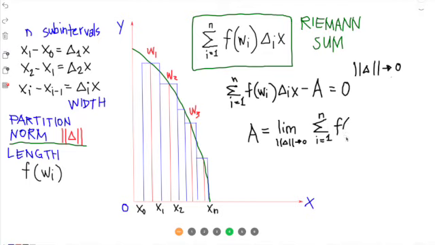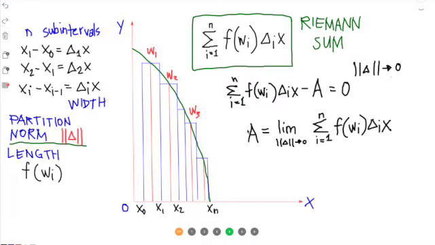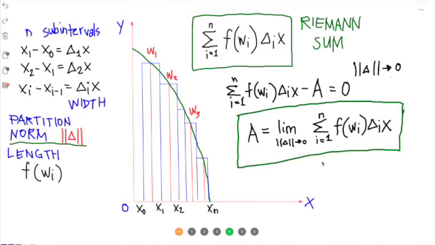So again, this is the limit of our Riemann sum as the norm approaches 0. So that is our new kind of limiting process to define the area bounded by our curve. Okay, so the area under the curve will just be the limit of our Riemann sum as the norm approaches 0.